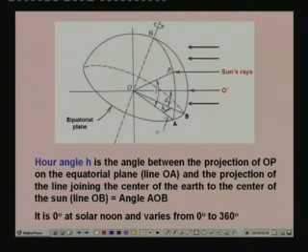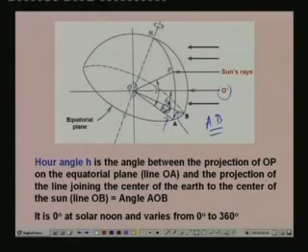So, the hour angle is the angle between OA and the projection of the line joining the center of the earth to the center of the sun. Now point O is the center of the earth and point O dash is the center of the sun. The projection of O dash on the equatorial plane is nothing but OB. So, our angle is nothing but the angle AOB, that is the angle between OA and OB, this angle.